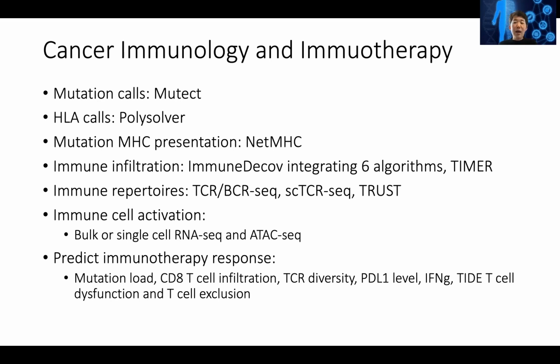So PD-L1 levels suggest that there are already some immune killing attempt at killing the tumors. Interferon signaling, you want to see whether there are bombs being thrown at the tumor. And there are also computational algorithms such as TIDE to evaluate whether the T cells are in a really dysfunctional state or whether there are suppressive cells preventing T cell infiltration.